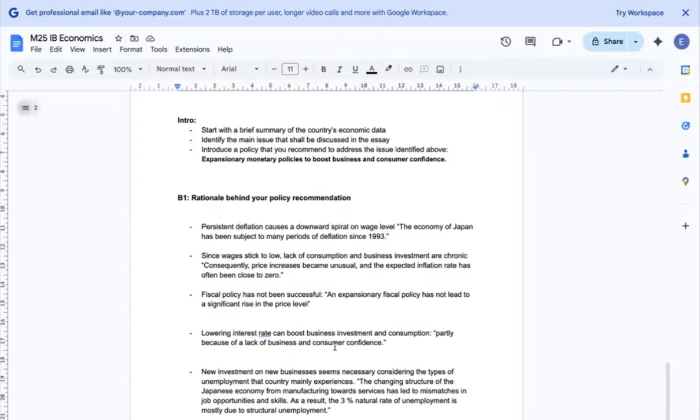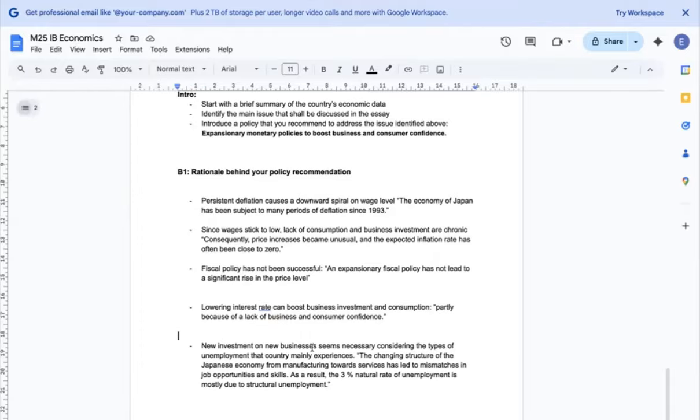So there is lack of consumption and business investment and confidence. It has caused chronic recession. Also, fiscal policy that the government conducted has not been very successful. That's why I recommend the Japanese government this time rely on the central bank to conduct expansionary monetary policy by lowering interest rates, since it can boost business investment and consumption.